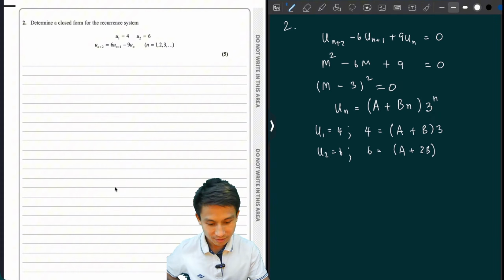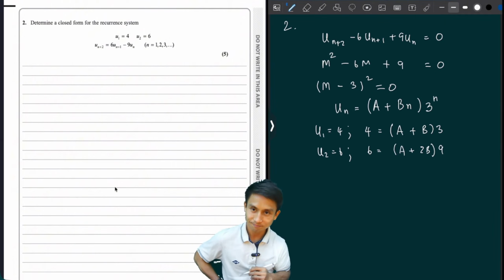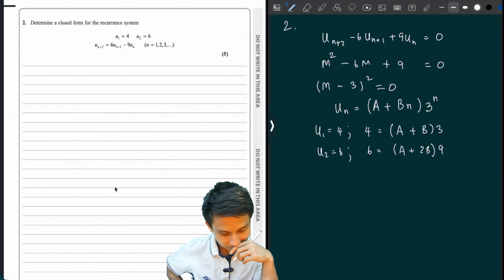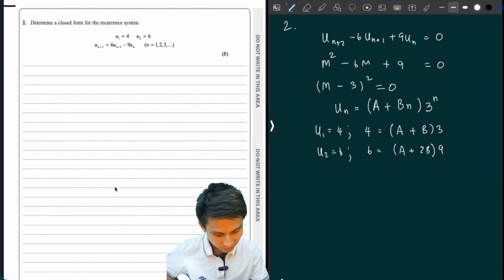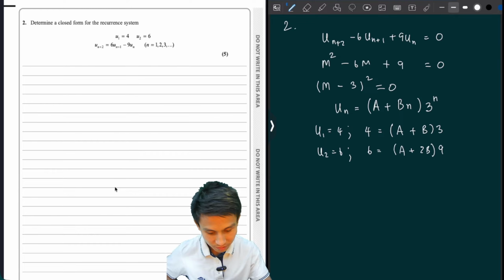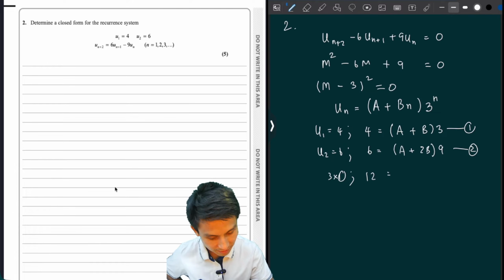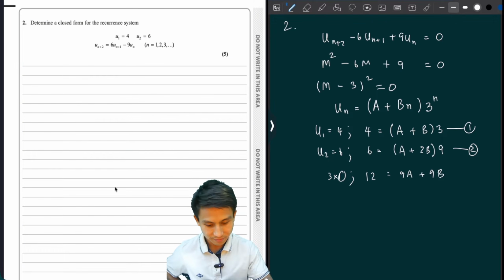And this is 3 to the power of 2, which is 9, right? Yeah. And so you solve this equation. Seems like I can multiply the first equation by 3, right? So if I multiply the first equation by 3, I'm going to get 12 equals, and expand everything at once, 9a plus 9b, right?